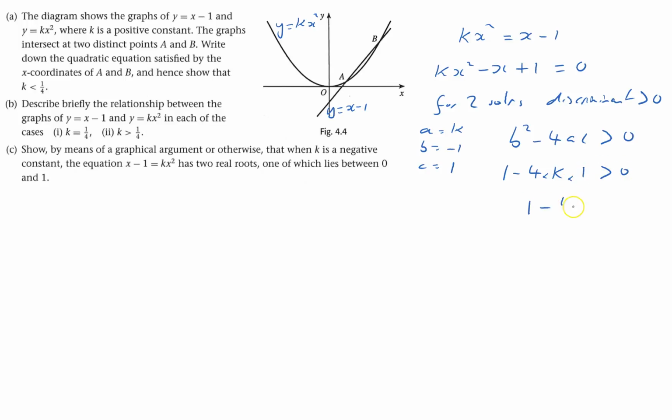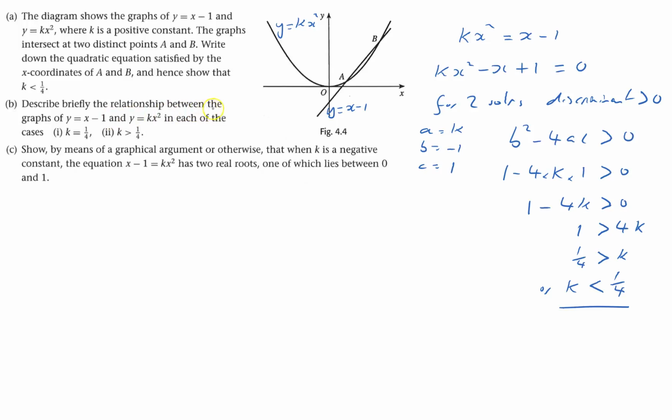So 1 minus 4k is greater than 0, so 1 is greater than 4k, and that means a quarter is greater than k, or k is less than a quarter, reading it from right to left. So I have shown the first thing.